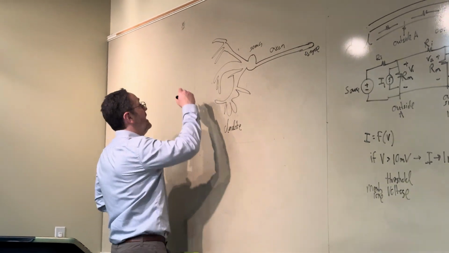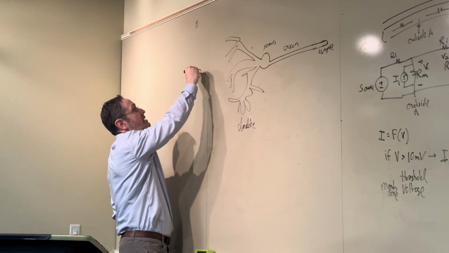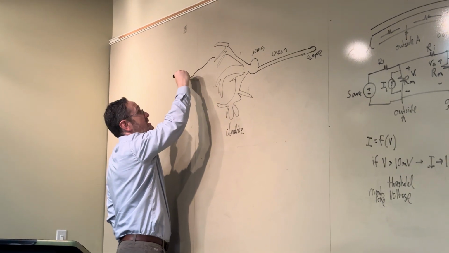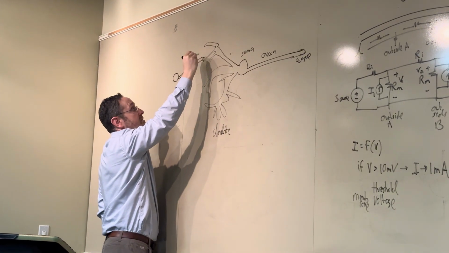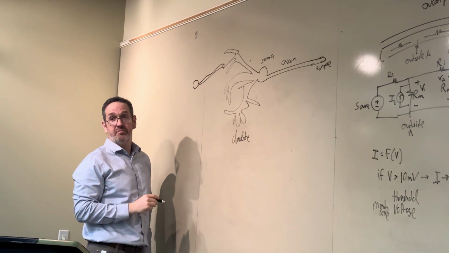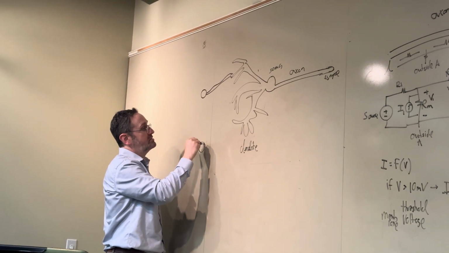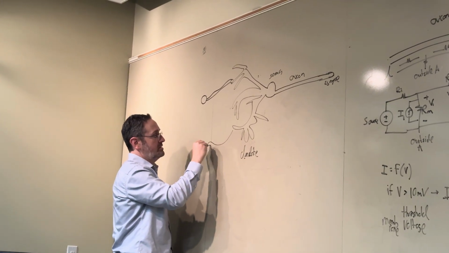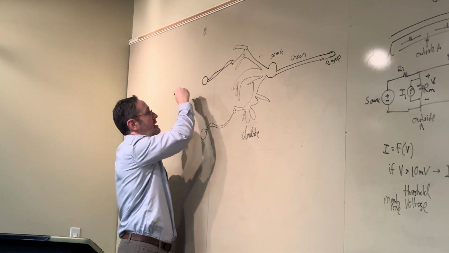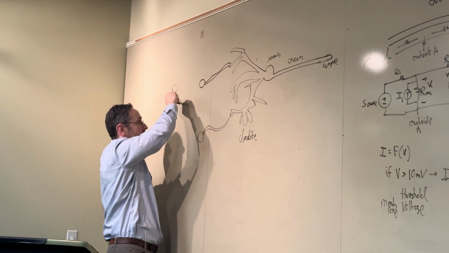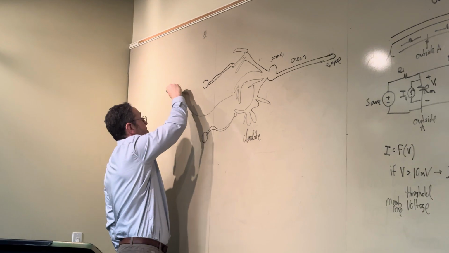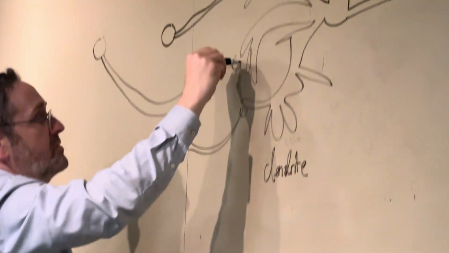It turns out what you have is a situation where this cell is coming in here and it's making the connection there. And another cell is coming here and it's making a connection here, and there's another cell here, coming down, and making a connection here.